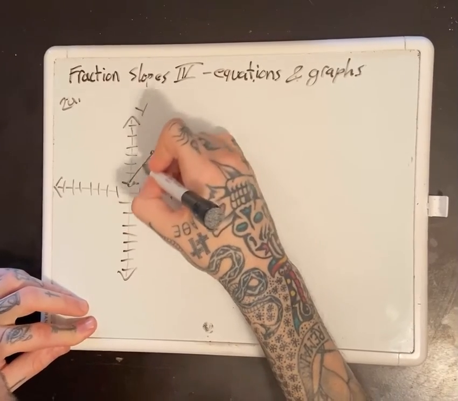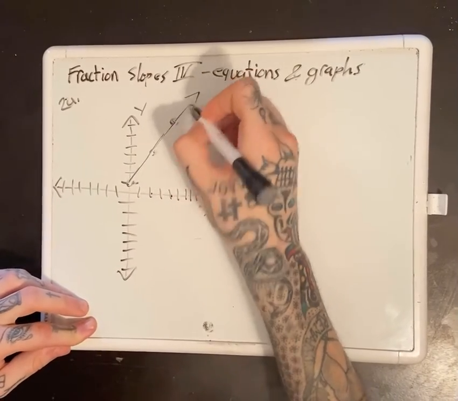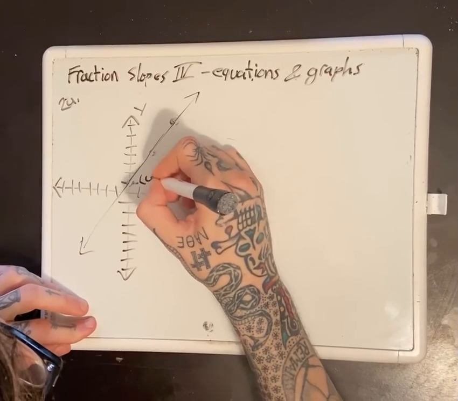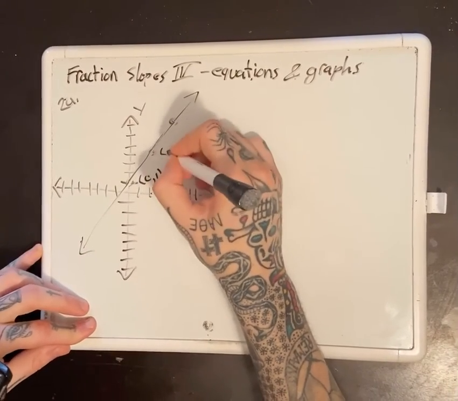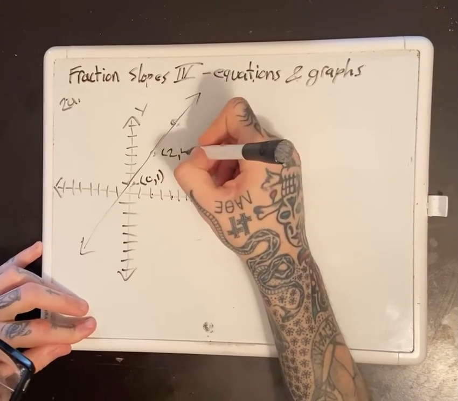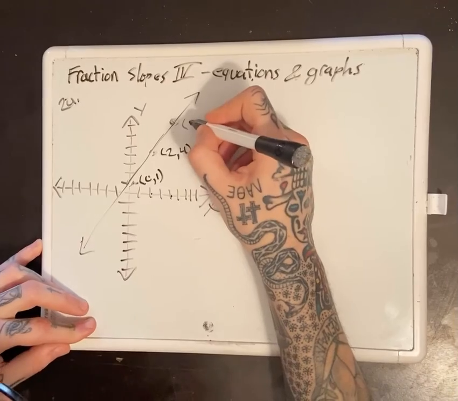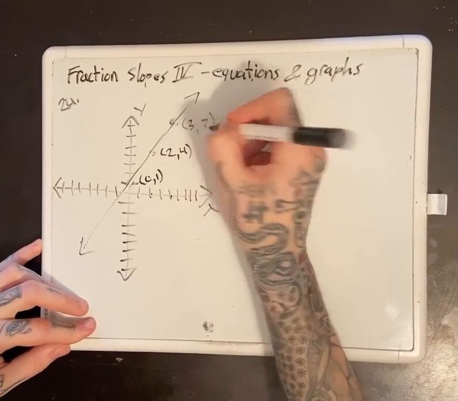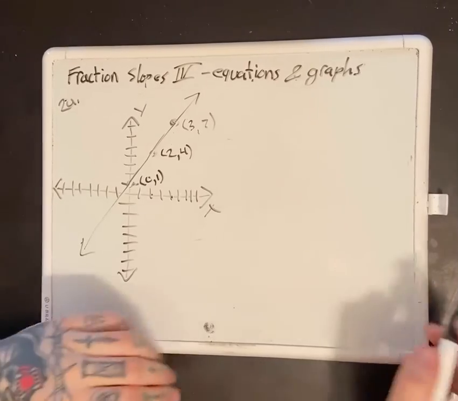So I'm just going to connect them. So let me label the points we have here. 0, 1, 2, 1, 2, 3, 4. And then this is 3, 5, 6, 7. 3, 7.